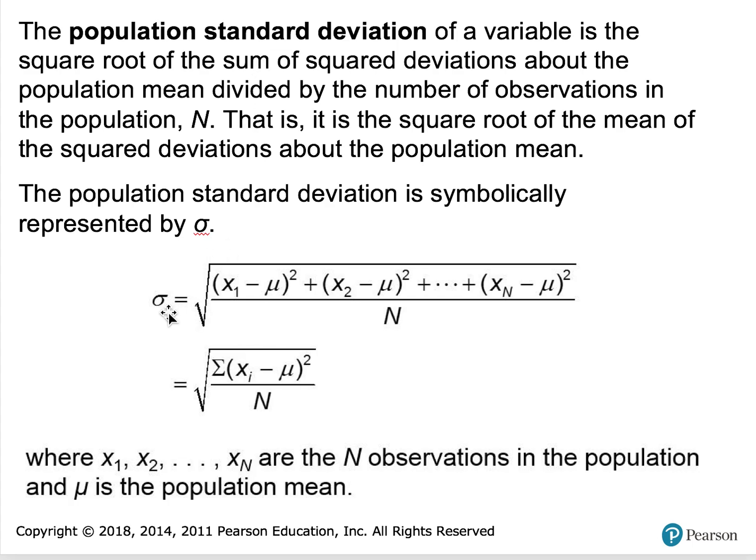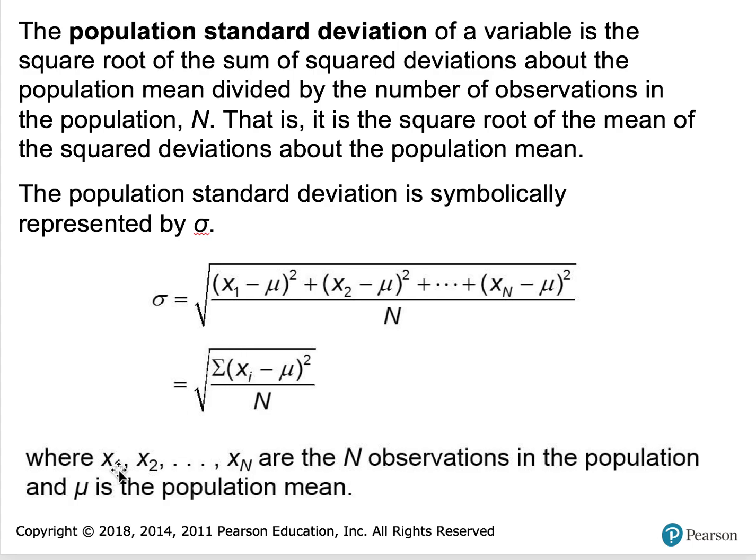What this says is we're going to take the square root of each data value minus mu, the mean, squared. We're going to add each one up and divide by N. Remember this symbol from when we were talking about the mean, the capital Greek letter sigma, which is read as the sum. Just like we can simplify, instead of having these plus signs all spread out, we can just say sum them all.